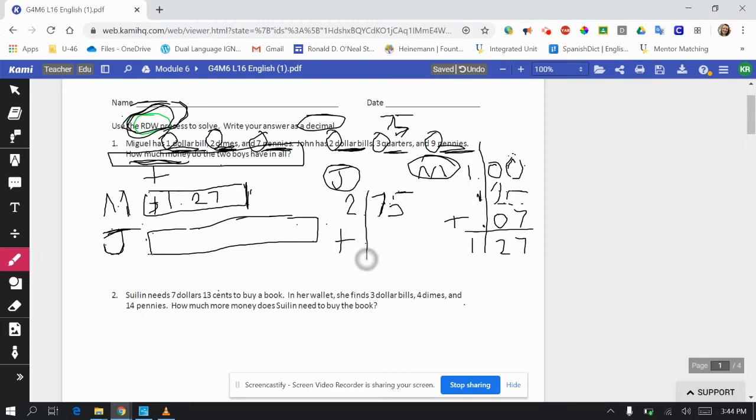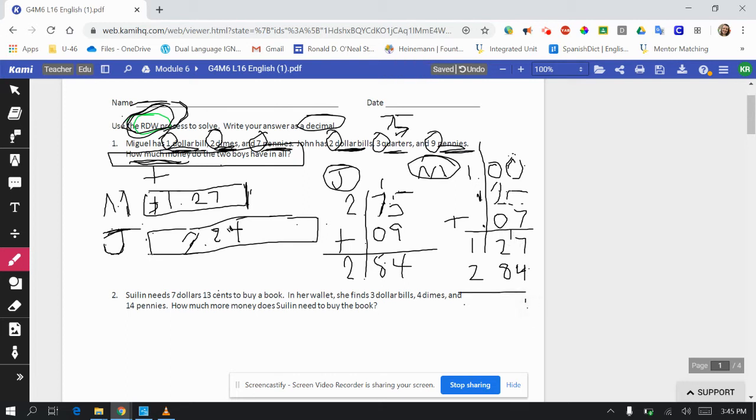He has 9 pennies. Lining up my decimals, 9 pennies. So I need to add those up. He has 2.84. Oh boy. All right, so add those on up. I'm going to add the 2.84 here.